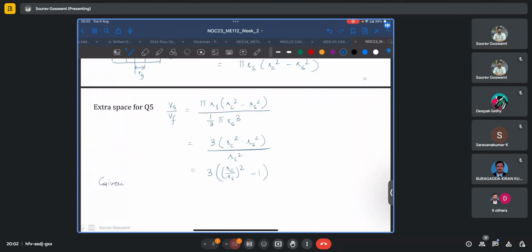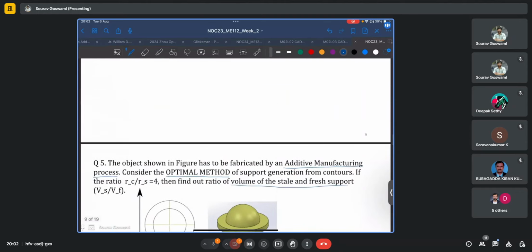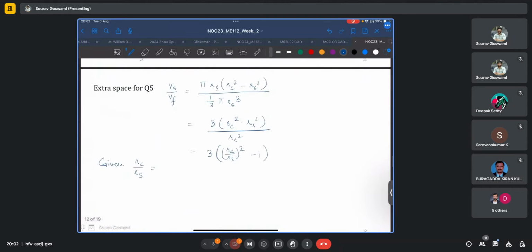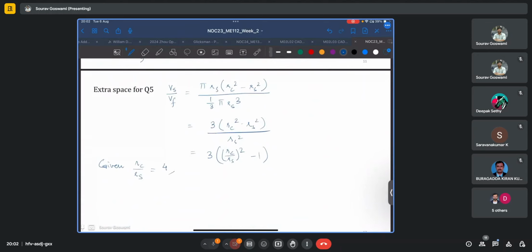Now this value is already given to you. RC by RS is equal to 4. Given this information, Vs by Vf then equals 3 times 4 square minus 1, or 3 times 16 minus 1, 45.